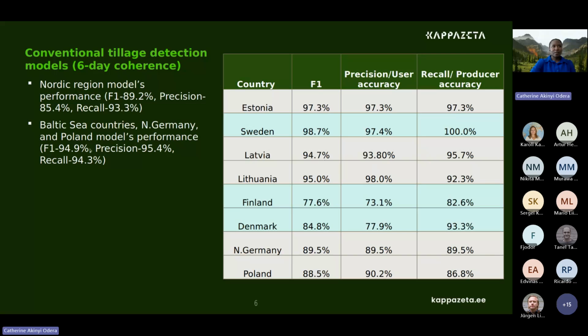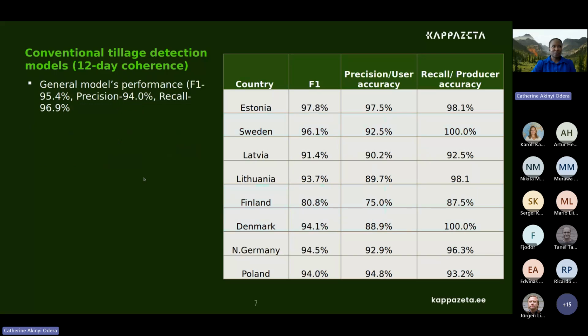The other model was the Baltic Sea region model, which comprised Estonia, Latvia, Lithuania, Northern Germany, and Poland. For this, Estonia performed really well, but you can see that the model performance in Poland was a bit low, but still a very good result. So this is for the 6-day coherence.